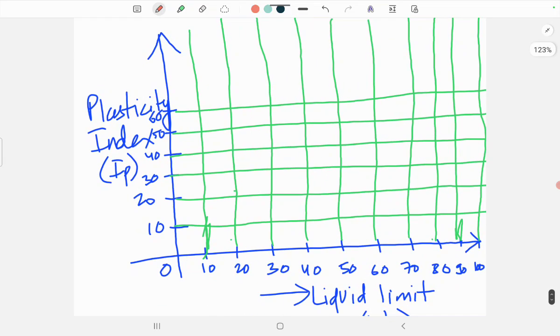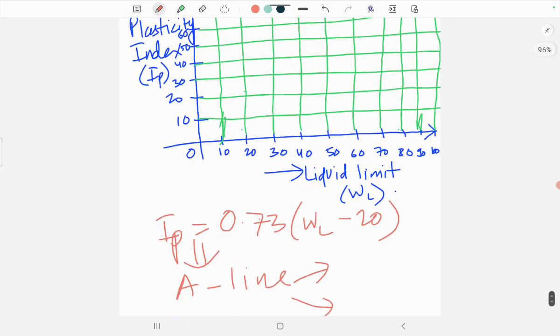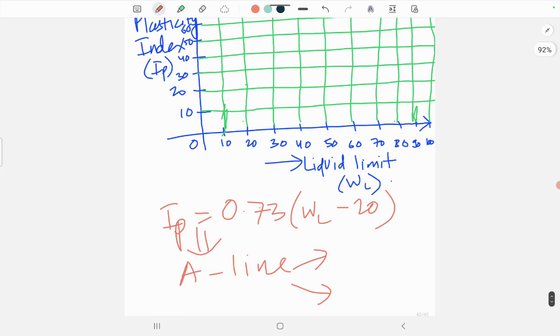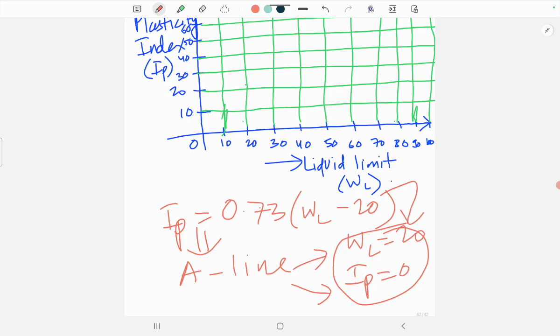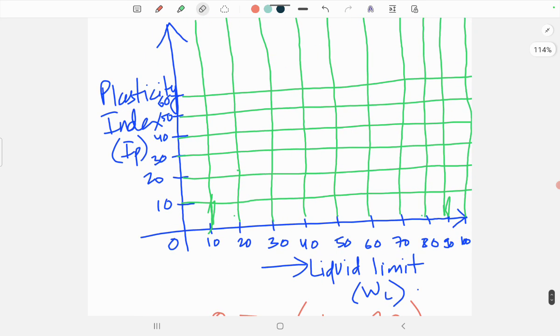The line starts from 20, because for WL equal to 20, we get IP equal to 0 from this equation. So when IP equals 0, it must start from 20.